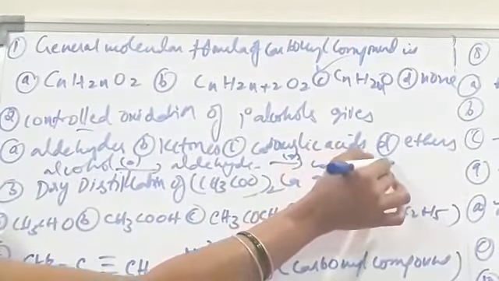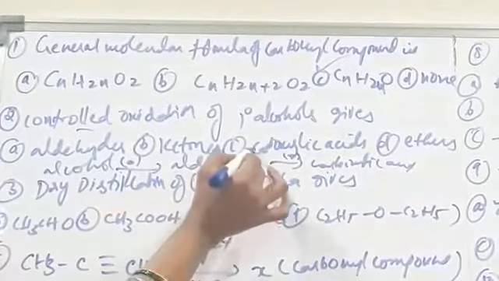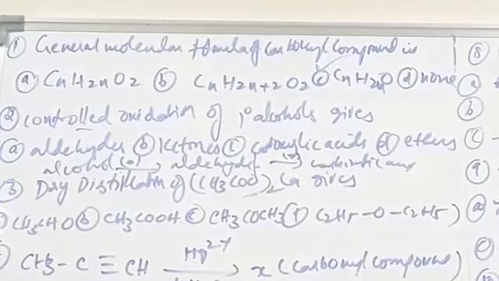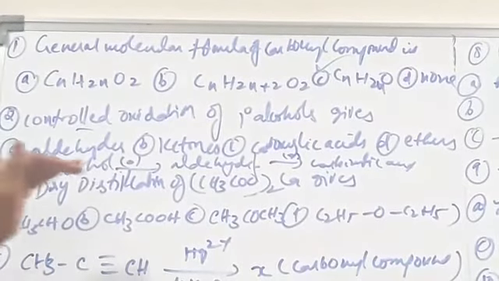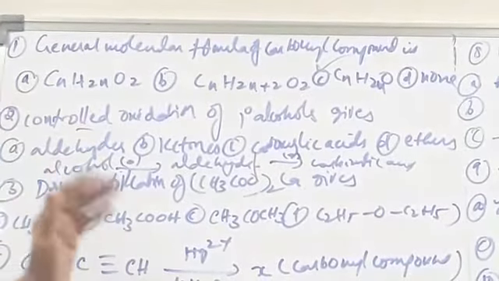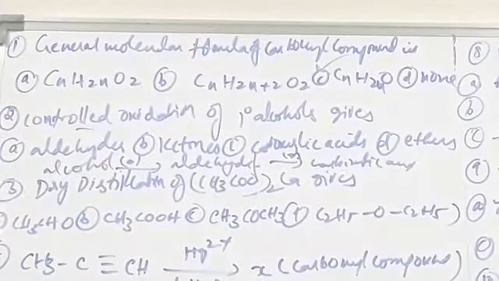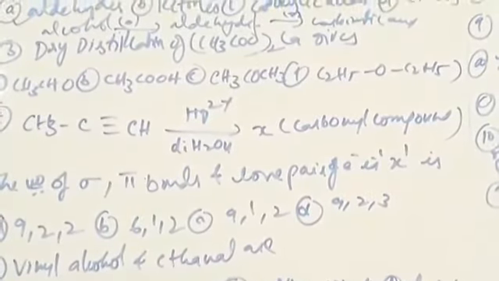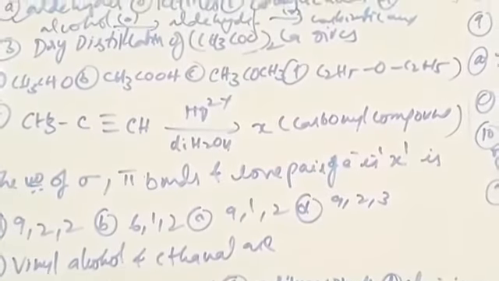So that's why with the controlled oxidation of primary alcohols, if the oxidation reaction gets controlled by using mild oxidizing agents, we get aldehydes. Strong oxidizing agents, further we get carboxylic acids. Aldehydes again oxidize into carboxylic acids.